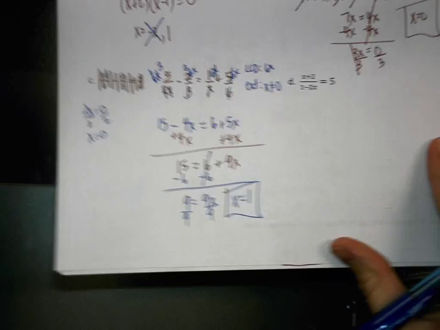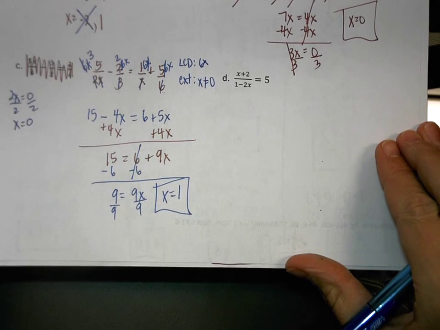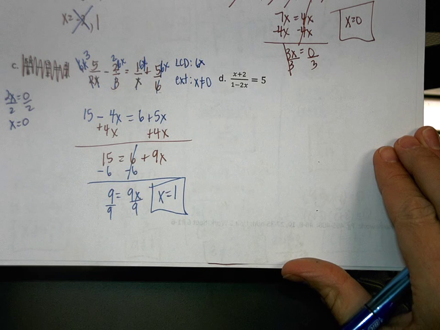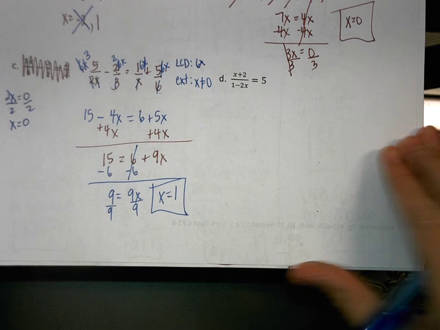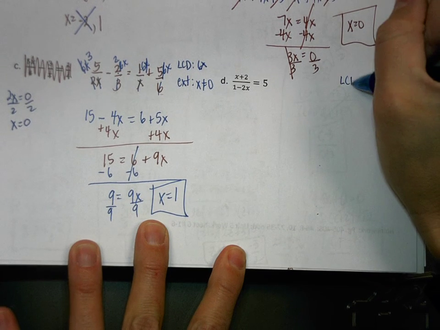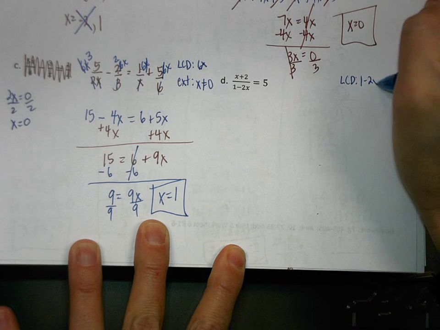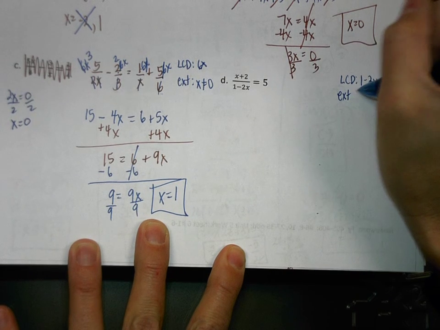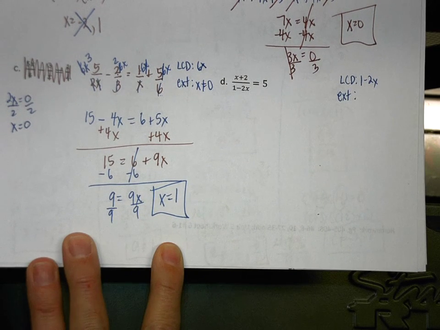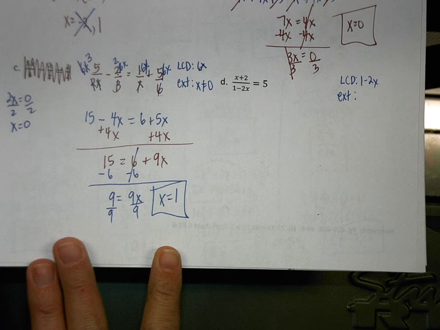All right, D. Okay, what is going to be my LCD? 1 minus 2x. Good, LCD is 1 minus 2x, and my extraneous solutions on this one will be what? If you're ever not sure, what do you do?